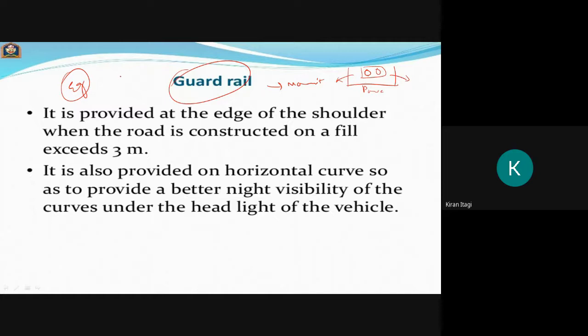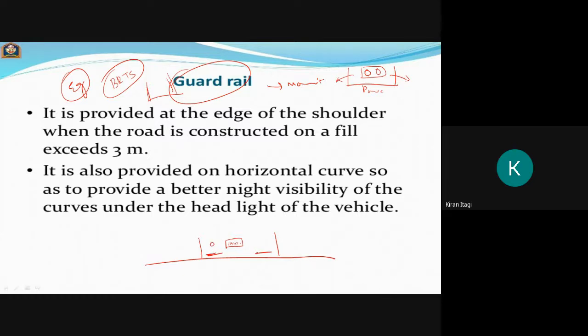For example, you can see the BRTS bus. There they have provided the guardrails, such that, this is your bus stand. Here two lanes.